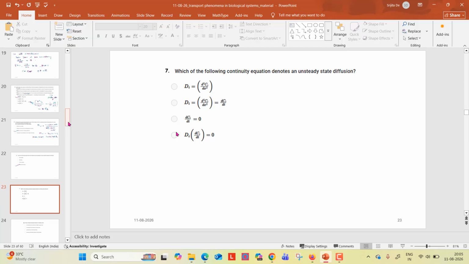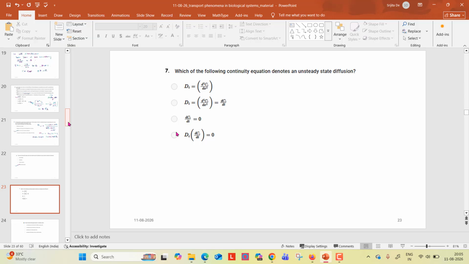Next. Which of the following continuity equations denotes an unsteady state diffusion? So unsteady state diffusion needs this.